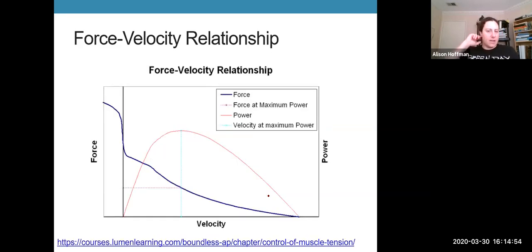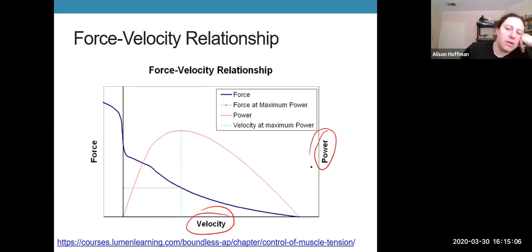It's not nearly as fun, but it's what I could find. So this is showing us the trade-off where this is speed or velocity, this is power, and this is force. Force is what we're generating with cross-bridge formation. And what we're getting here is maximum power.